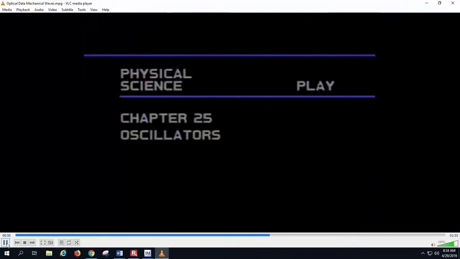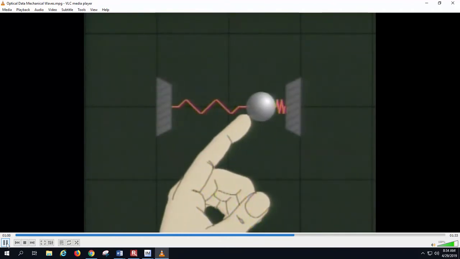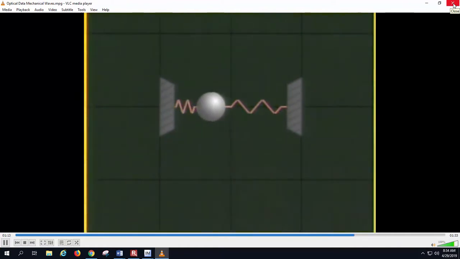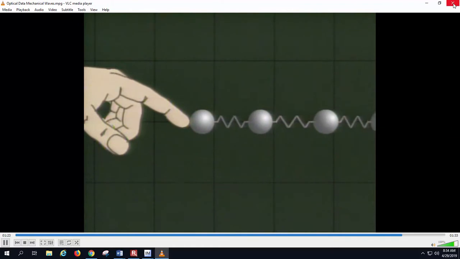The shorter the wavelength becomes. When any stable mechanical system is disturbed, nature's response is simple harmonic motion. For a single oscillator, that's a specific frequency. But when oscillators are linked, a disturbance in one passes to the next, and continues on down the line.